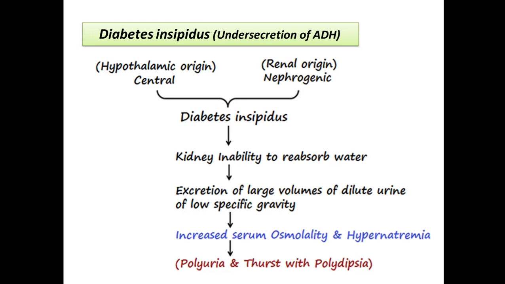The two major types of diabetes insipidus are the central diabetes insipidus, in which the hypothalamus is not making or secreting the antidiuretic hormone, and the second one is the nephrogenic diabetes insipidus, in which the ADH secretion from the hypothalamus is normal, but the kidney is unresponsive to the action of antidiuretic hormone.